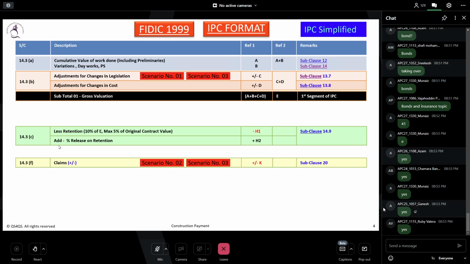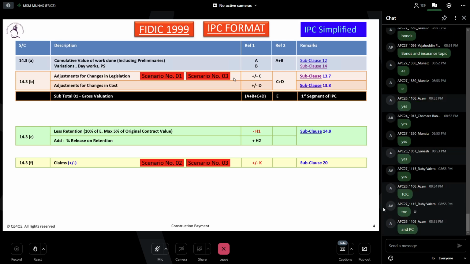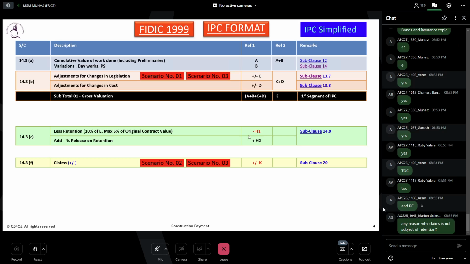Whereas the release of retention will not be applicable during the interim payment certification. This will come at the statement at completion and the final account. Then only can you talk about the release of retention. Otherwise, it won't come in the normal interim payment application or certification.